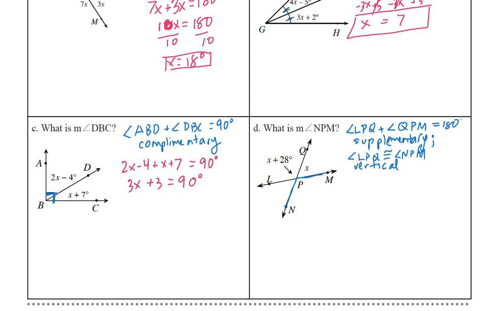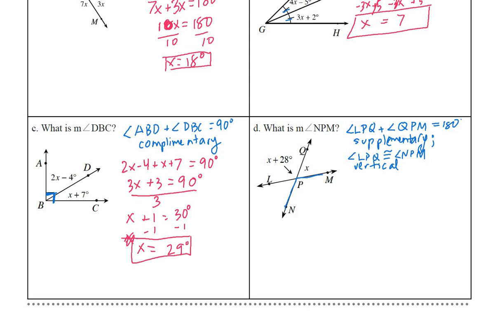I want to divide everything by 3. I think that'll make it easier for me. I have x plus 1 is equal to 30 degrees, and subtract 1 from both sides, getting me x is 29 degrees.